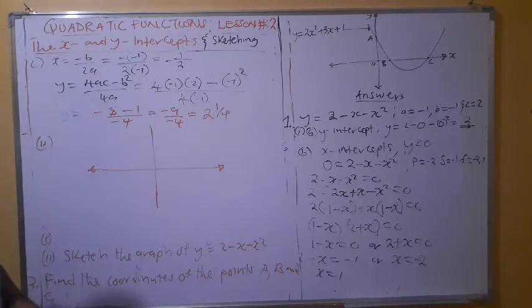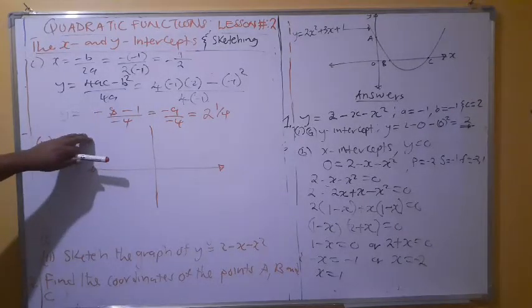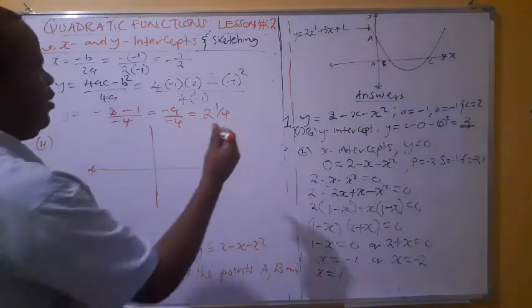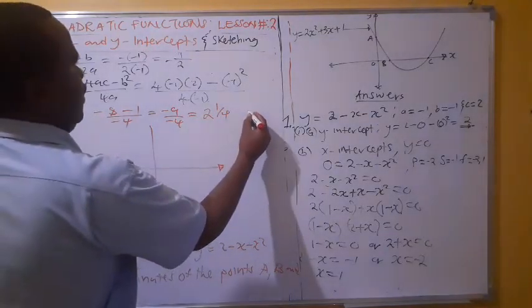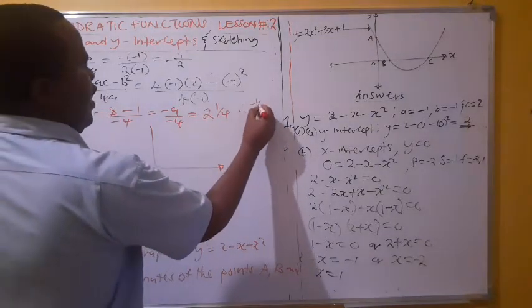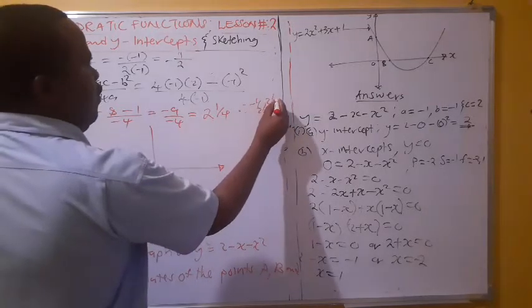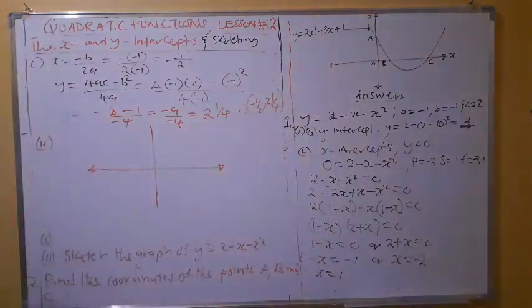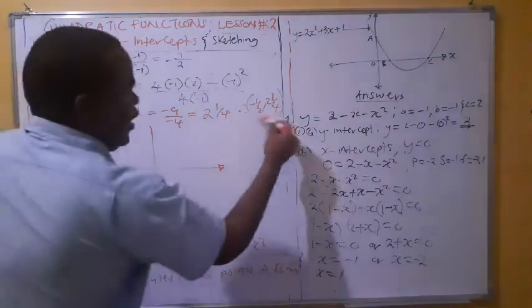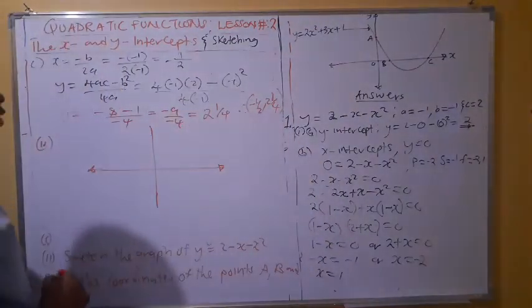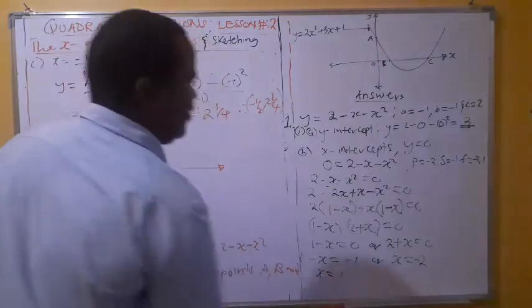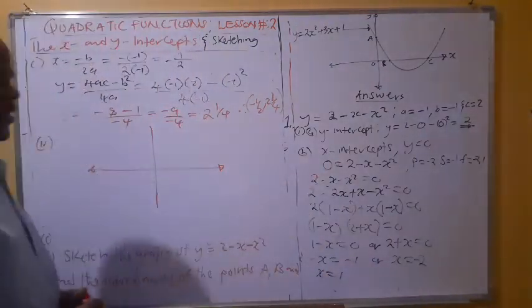Take note, the question was talking about the coordinates of the turning point, so we are supposed to have negative half, comma, 2 1 over 4 as coordinates. So for you to sketch, you need the coordinates of the turning point, the x-intercept, as well as the y-intercept.